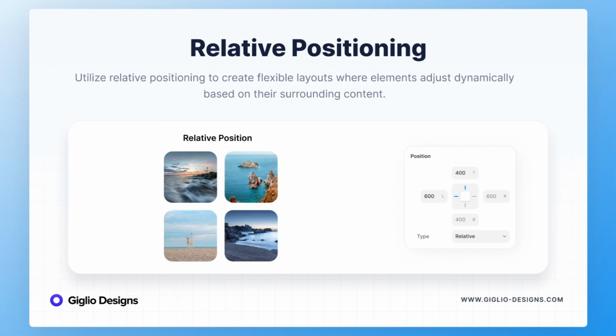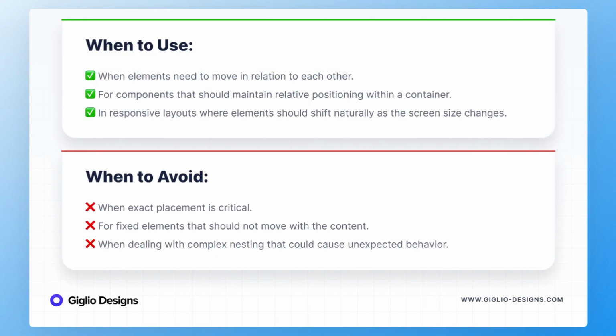So it's very useful whenever elements need to move in relation to each other, or for components that should maintain relative positioning within a given container. And also, it's very useful for responsive layouts where elements should shift naturally as the screen size changes, as opposed to what we previously discussed when it comes to absolute positioning.